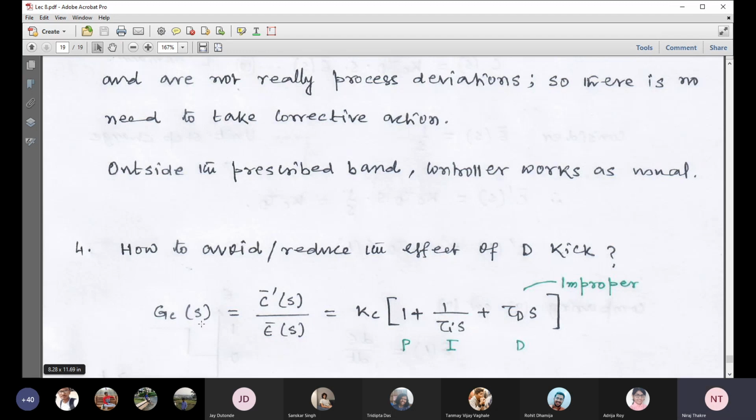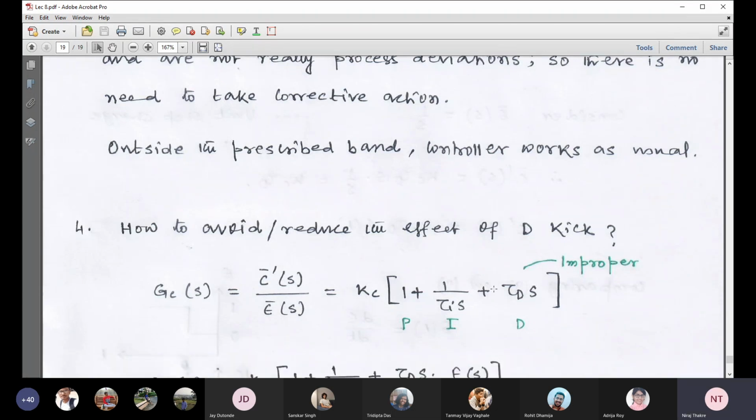For proper, we must have the order of the denominator greater than the order of the numerator, or at least equal to. But in this case, it is not happening, and that's why it is improper. And for the case of improper, we have an infinite value, and that we cannot physically implement through the instrument or valve. And that's why we have also used another term, not physically realizable.